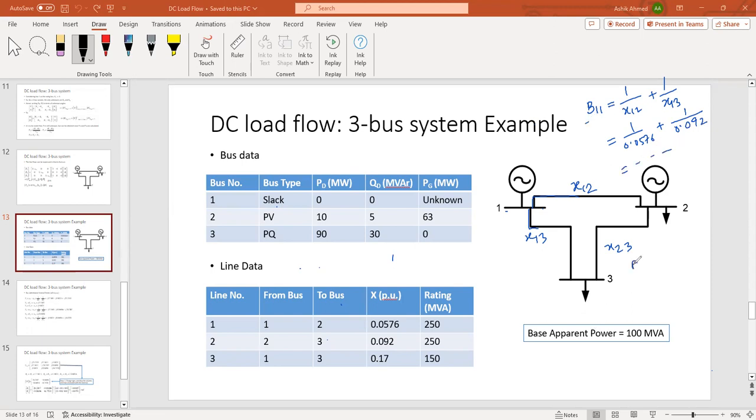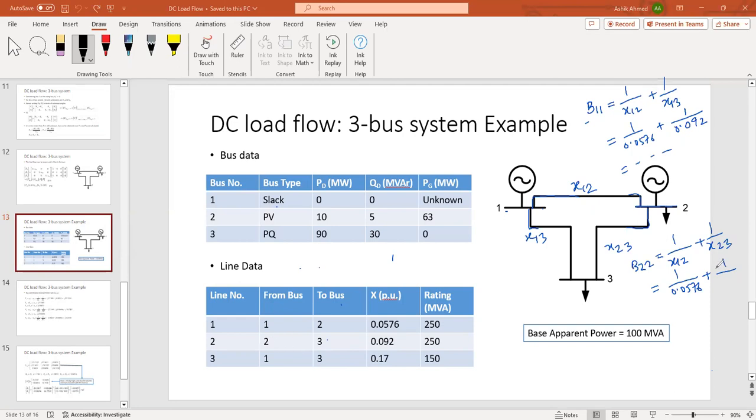What about B22? Which lines are connected? This line and this line. These two are connected, or originating from bus number 2. So it will be 1 upon X12 plus 1 upon X23. So 1 upon X12 is 0.0576, plus X23.